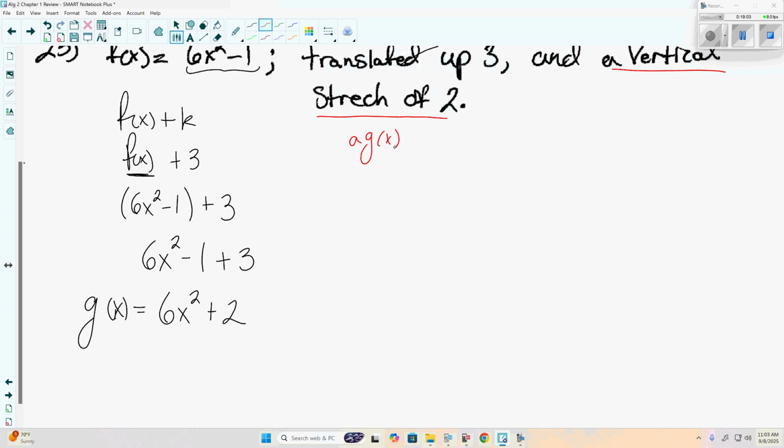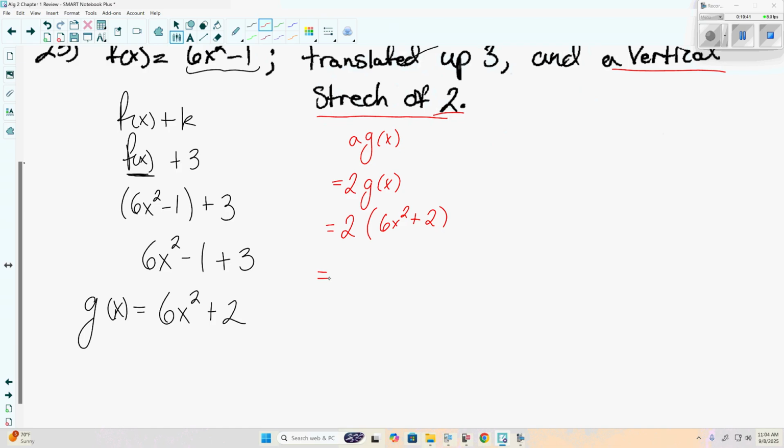Our vertical stretch or shrink in the general form is a times f of x, or here we're going to say a times g of x, because we're applying it to the function g of x. With our vertical stretch or shrink, the value of a is exactly what they give us. Since it's a vertical stretch of 2, we're going to replace a with 2. Now that we've set the general form up, we'll replace g of x with its function, 6x squared plus 2, telling us that we have 2 times 6x squared plus 2.